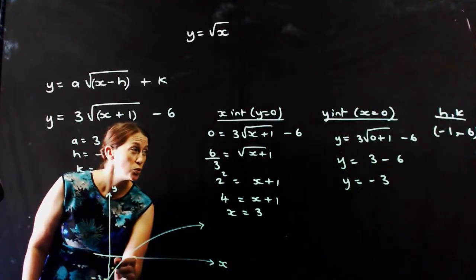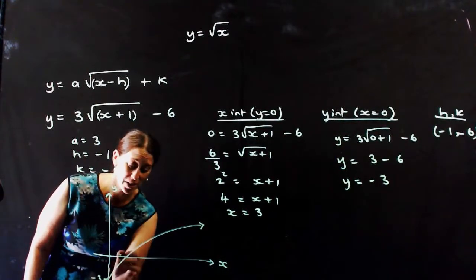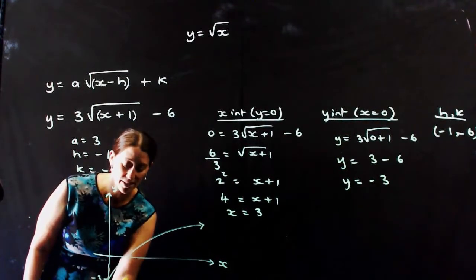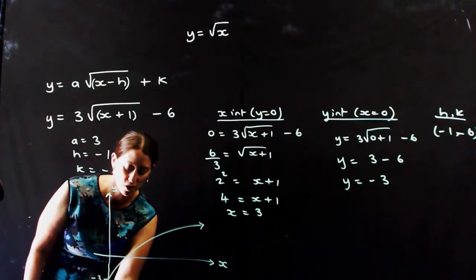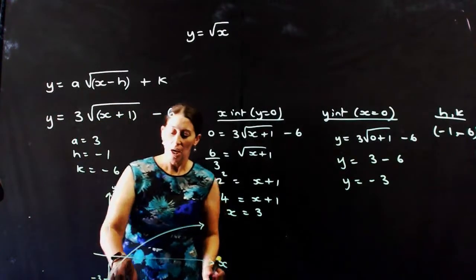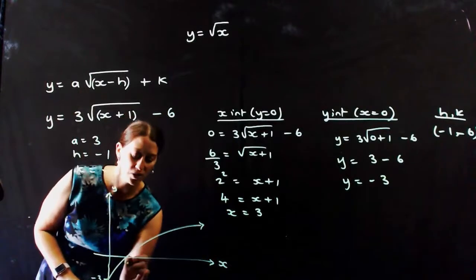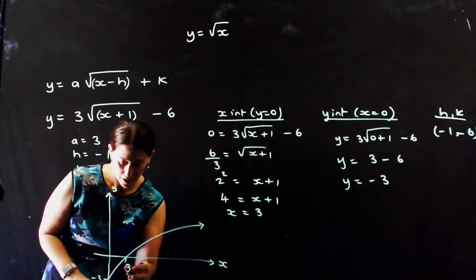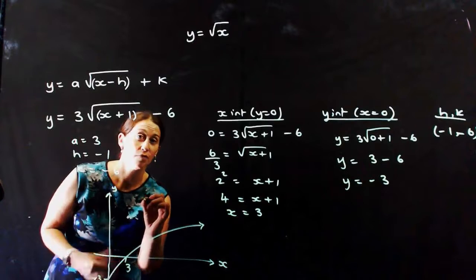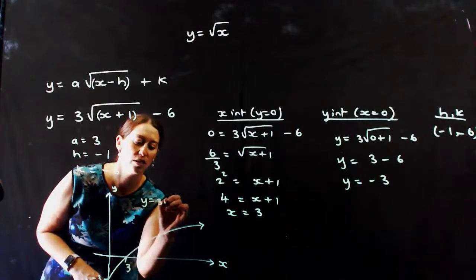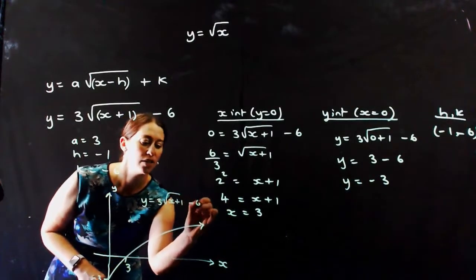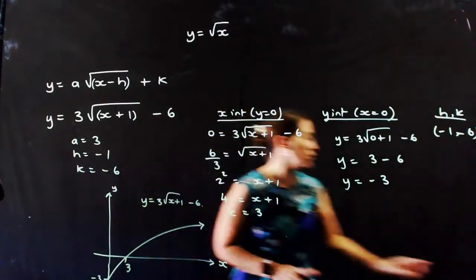Yes, the turning point would be at minus 1, minus 6, which would be down here, so it makes sense that it would come down and turn around. I don't want that bit. The x-intercept is positive 3, so that makes sense. And we just put the title of the graph: y equals 3 square root of x plus 1, take 6.